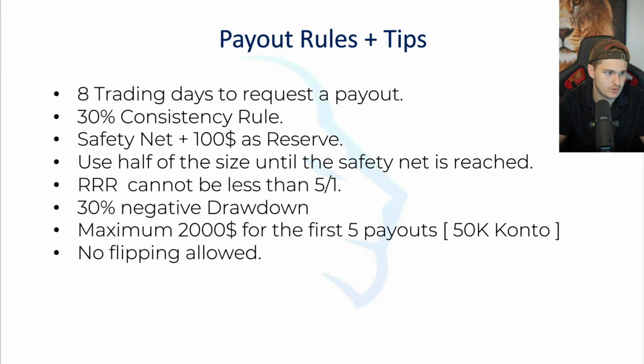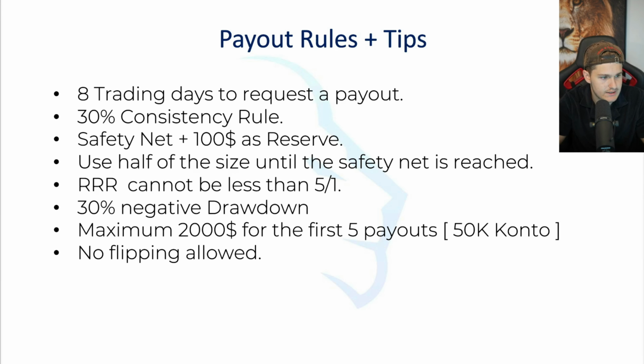You would have to do the math and really look up what the consistency is. I think it's 760. So if you have a trading day of, let's say, $900, you could not request your payouts because that trading day would be higher than 30% of all the balance. So one trading day cannot surpass 30% of the account balance.